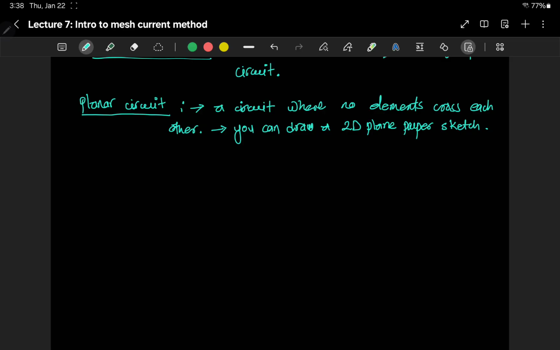Similar to the node voltage method, the mesh current method has a set of procedures, and if you follow those steps thoroughly, there is no chance you'll make a mistake. So I'll write this down, and we'll do some examples to solve the mesh current method. So the procedure.